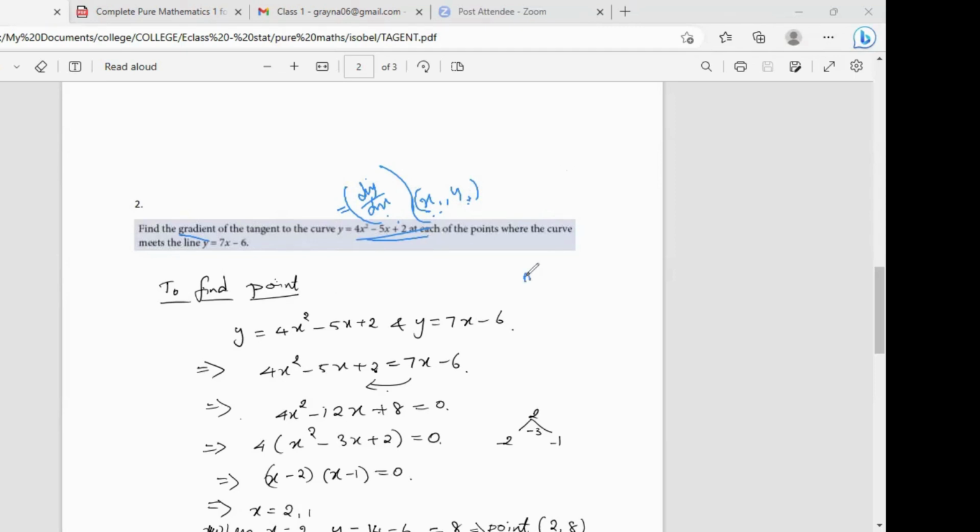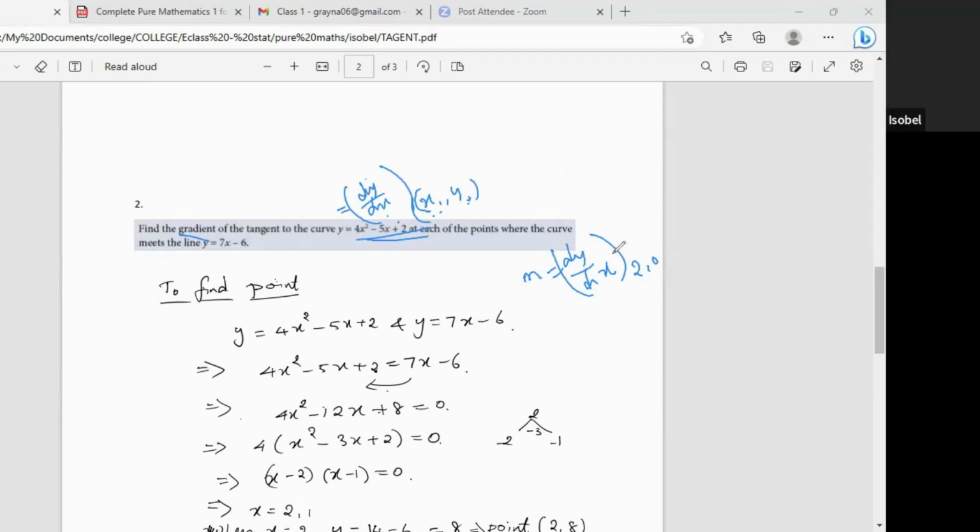What is the slope formula? Dy by dx at the point, what? To find this point, whether it is 2 comma 5 or something else, we don't know.